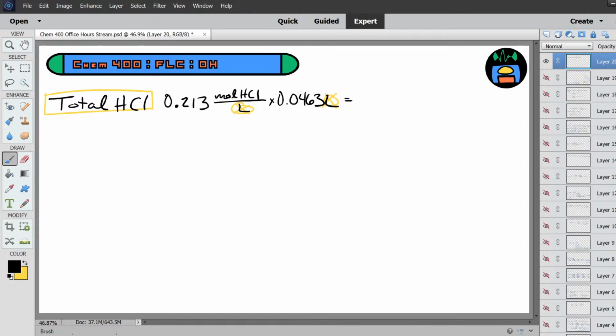This gives us our total moles of HCl: 0.213 times 0.0463, and this is equal to 0.00986 moles of HCl.